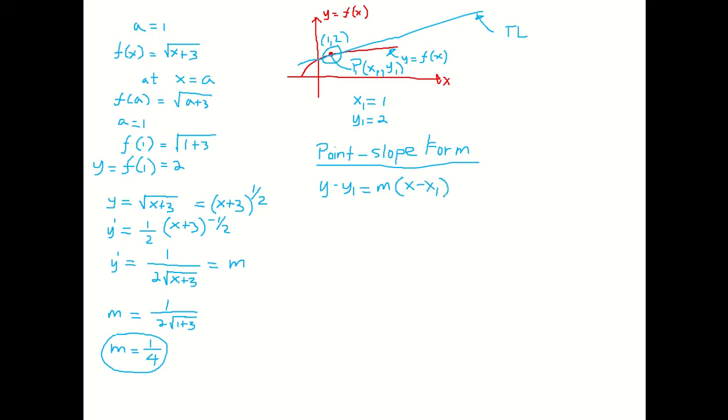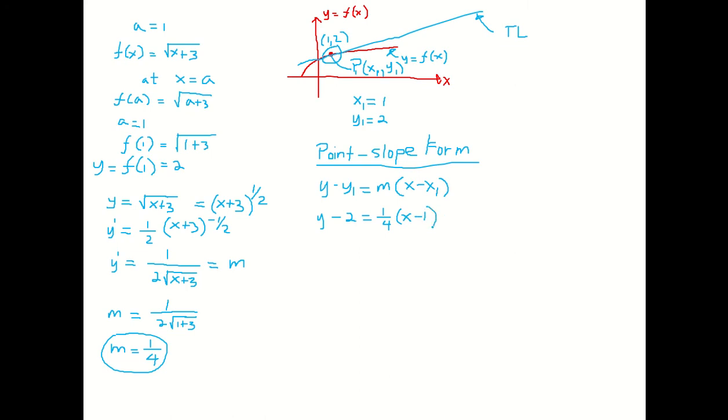Okay, now substituting: y minus our y1, which is 2, so y minus 2 equal to m, our m is equal to 1/4, so substituting m equal to 1/4, then multiplied by x minus x1, our x1 is equal to 1.